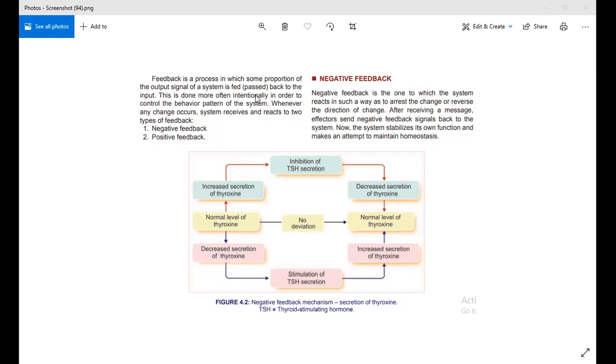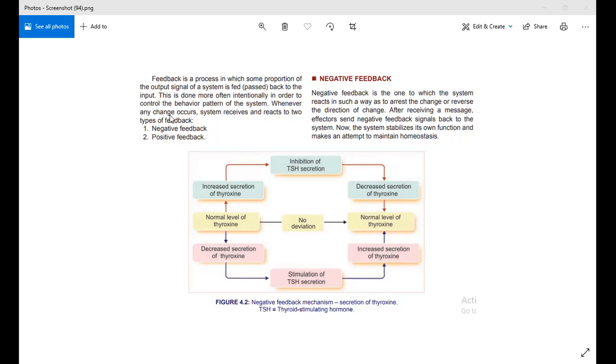But what happens when that signal gets back to the brain determines whether the feedback is a negative one or a positive one. So feedback generally means sending reports or impulses back to the initial organ or control center that initiated the process. But a feedback mechanism could either be negative or positive.